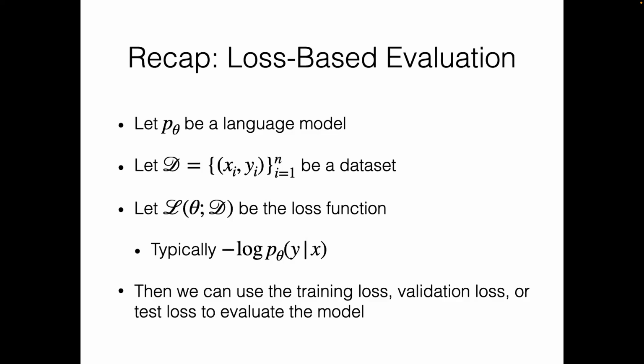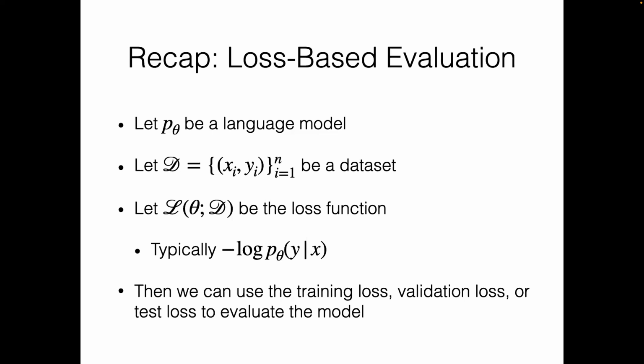And typically with these language models, we've been talking about this maximum likelihood where you have the negative log probability as the loss. Well, then what you can do is split the data set into training set, validation set, and test set, and then you can measure the loss on these different splits.